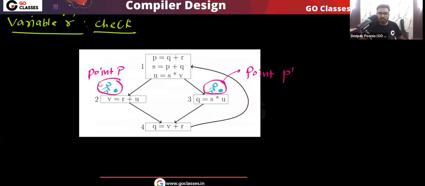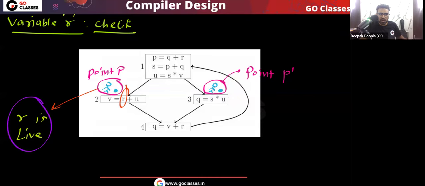So you tell me, when I start from point P, is there any path where variable R is used before it is defined? Yes, immediately R is used before it is defined. So at point P, R is live. Very simple, because immediately we are using R when I start from point P.